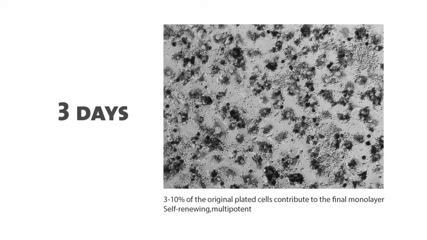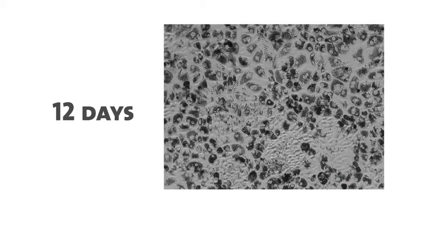So we take these cells out, we put them in tissue culture, and we give them growth factors that help them divide. So you'll see all of these pigmented cells. That's one cell, that's another cell, another cell. After about 12 days, having been given the growth factors, what we see are little nests of cells appearing.